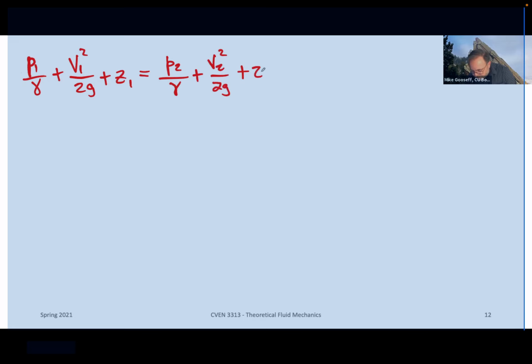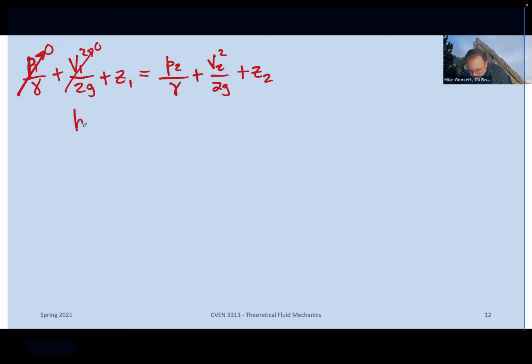Okay, so let's write out the equation. P1 over gamma, we'll start with our basics, plus V1 squared over 2g plus Z1 is equal to P2 over gamma plus V2 squared over 2g plus Z2. All right, so we said that V1 was equal to 0. We said P1 was equal to 0.